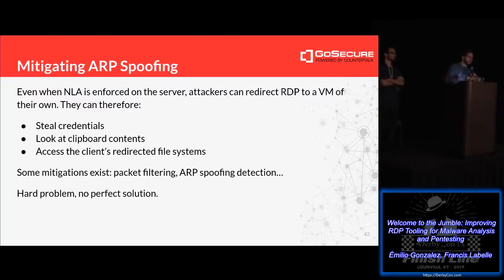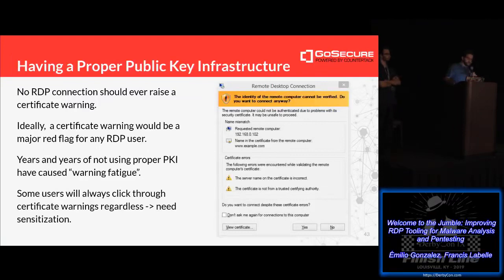Another possible thought would be to mitigate ARP spoofing. Obviously, it's not that simple because it's a complex protocol that I think is broken. But you can still use some non-perfect solutions to at least mitigate part of the damage. If you're only catching 20%, that's at least better than catching 0%. But obviously it's a hard problem.